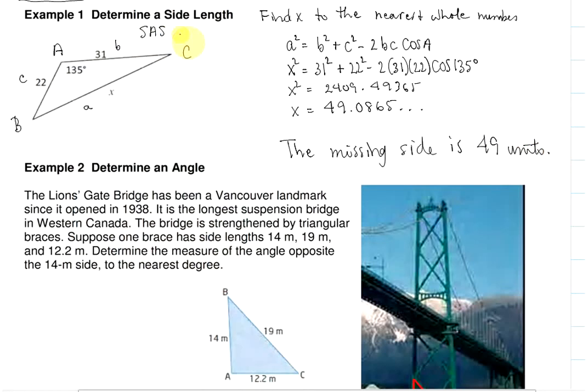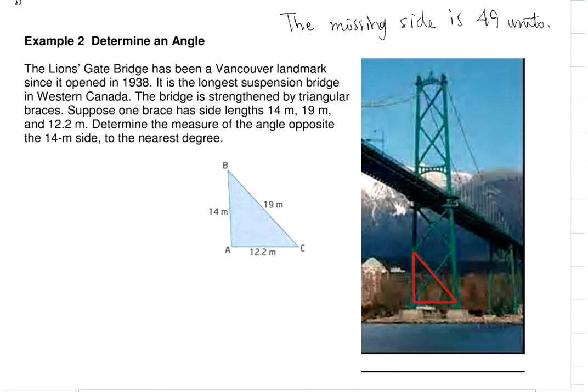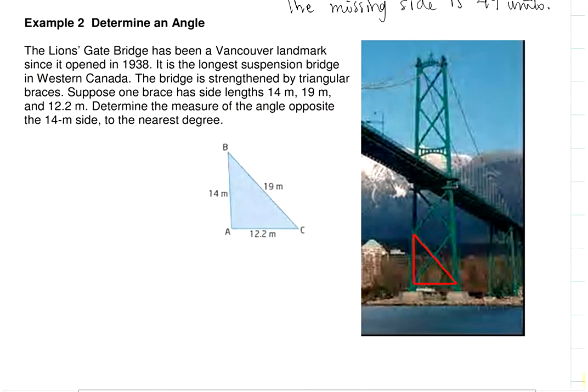Okay, so now we're going to take a look at example 2, where you have been asked to determine an angle. And we're going to use our Lions Gate Bridge to work out a problem. So the Lions Gate Bridge has been a Vancouver landmark since it opened in 1938. It is the longest suspension bridge in Western Canada.